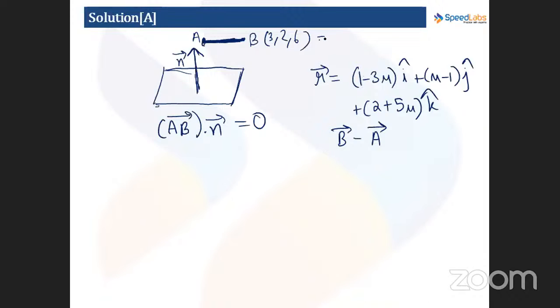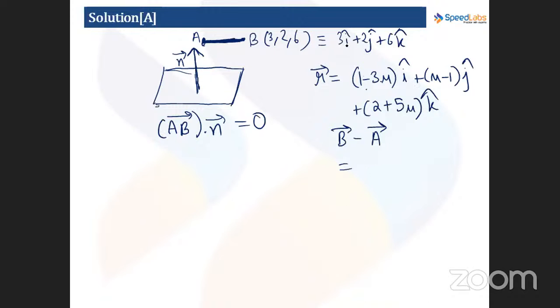So B vector is 3 i cap plus 2 j cap plus 6 k cap. If I subtract A from this, A will be (1 minus 3 mu) i plus (mu minus 1) j and (2 plus 5 mu) k cap.